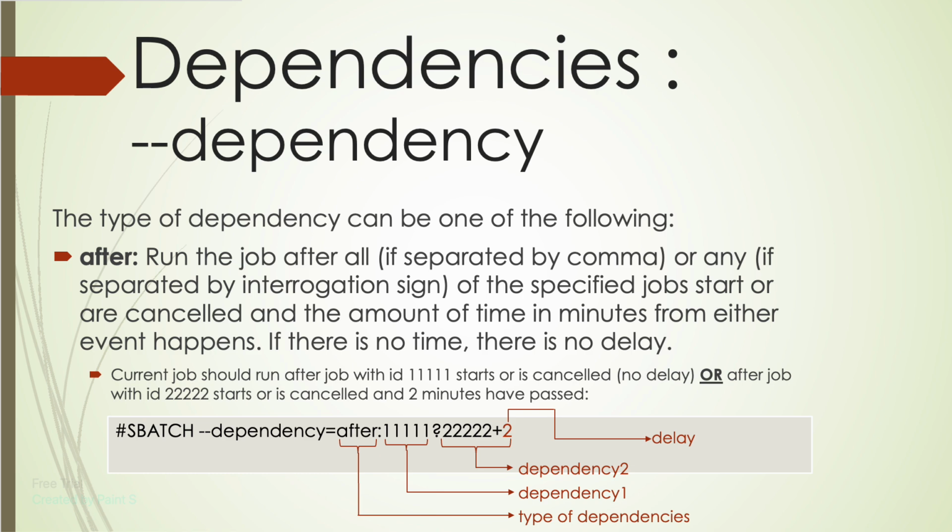Second, the second dependency has a delay of 2 instead of 5 minutes, and the first dependency doesn't have any delay. So as soon as job 111 finishes or is cancelled, this dependency is met and the job can start running, unless it already started running because the job 22222 had already finished and 2 minutes after it finished had already passed.